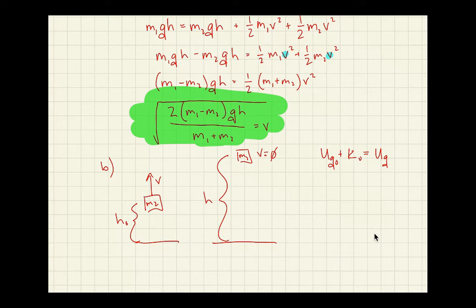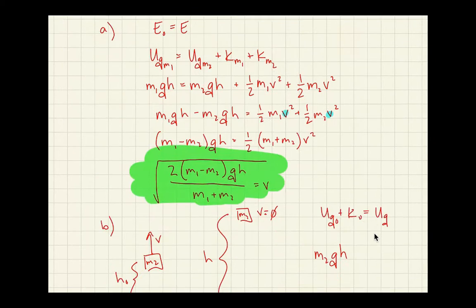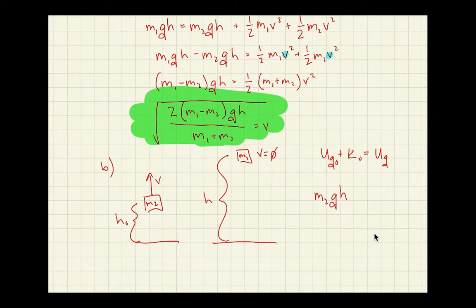So that initial gravitational energy will be M2 times g times h, where h is from the previous problem. H is this h given. And then that'll be plus 1/2 M2 v squared, where that v is solved for here in part A. And that's going to be equal to M2 times g times h final, or the maximum height.